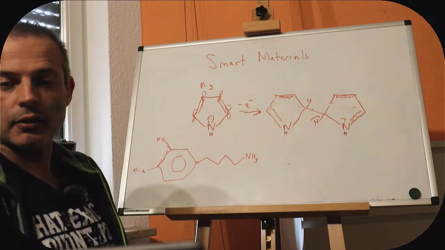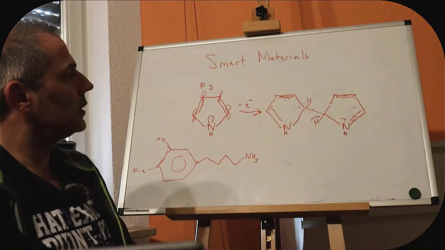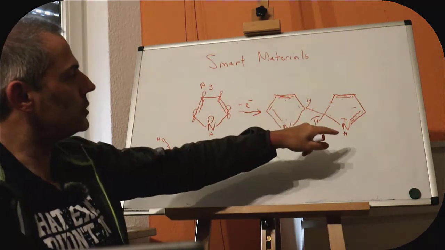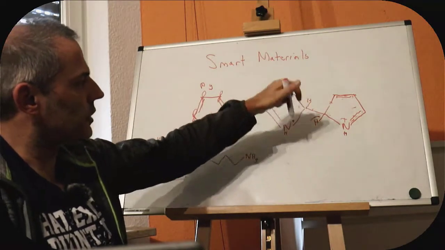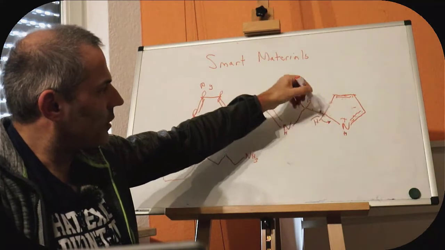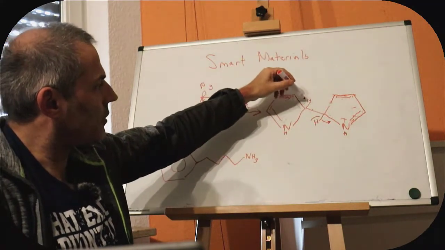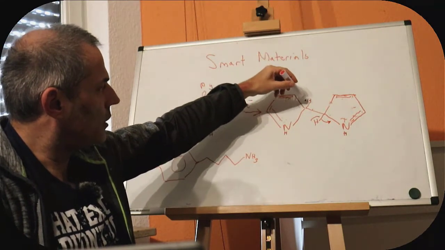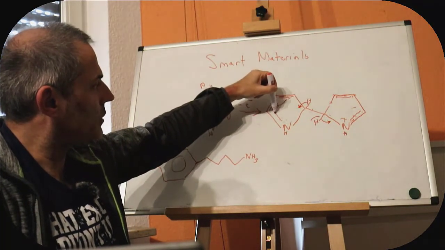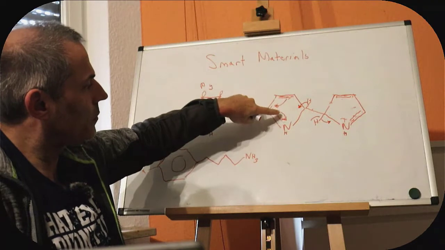We might get rid of them as H pluses, or as some other species, but let's get rid of them as H pluses, so we can have this electron into here. That makes this one happy, and we can have this electron into here, which makes this one flip back to where it should be.